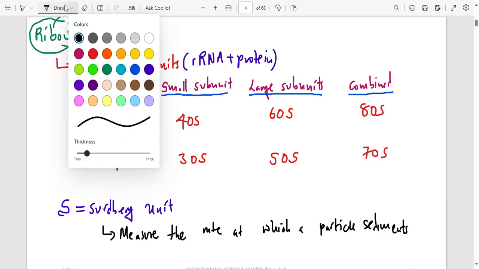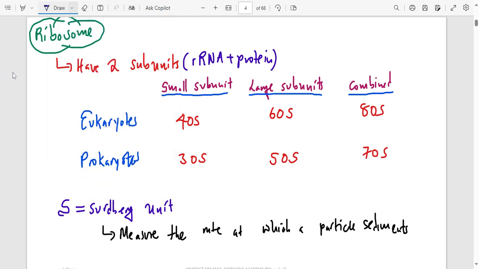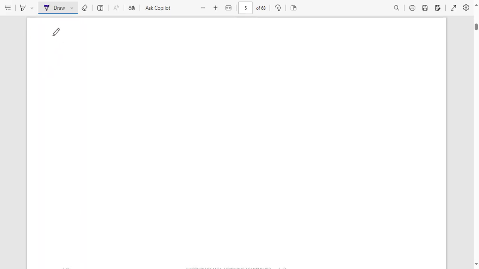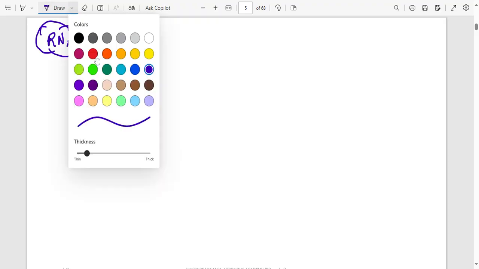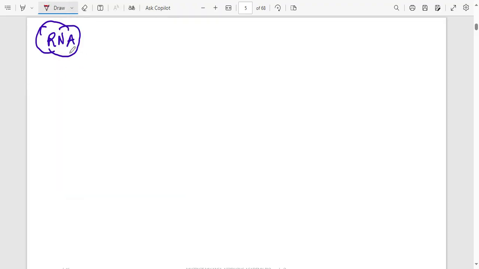Now that we have talked a bit about the ribosome, let's talk about RNA. As we know, RNA is formed from DNA in transcription. But RNA is of three types.